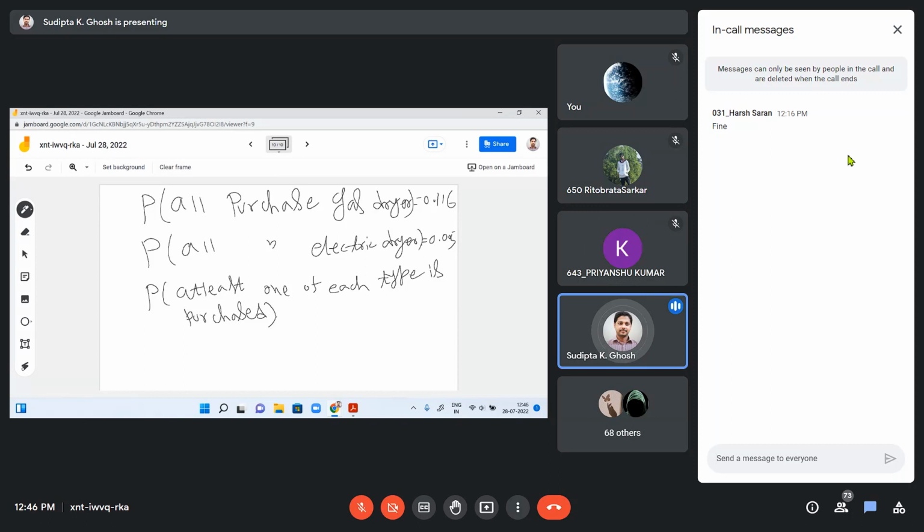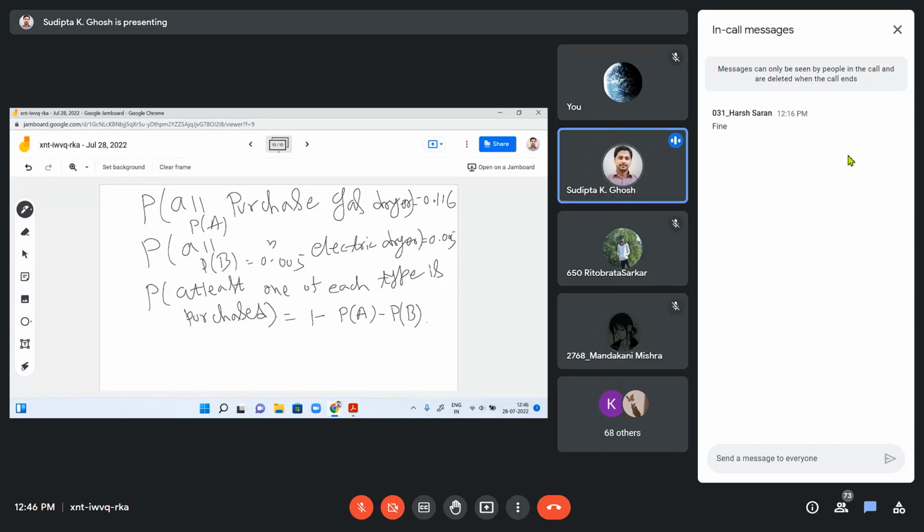So if I denote this as event A, and this as event B, that means all purchased gas dryer and all purchased electric dryer, then P of A is 0.116 and P of B is 0.005. So can I write this is basically 1 minus probability of A minus probability of B? All of you agree with me or not?